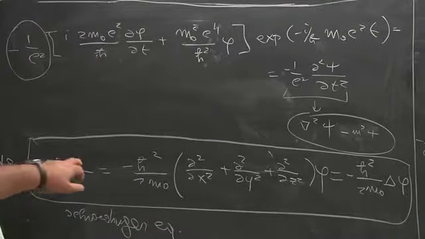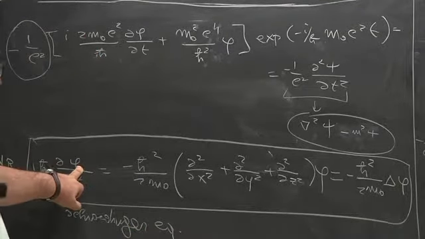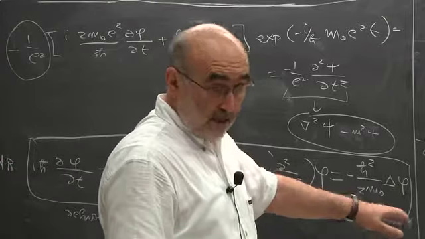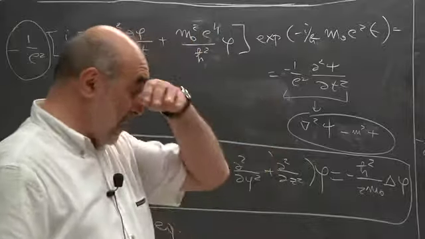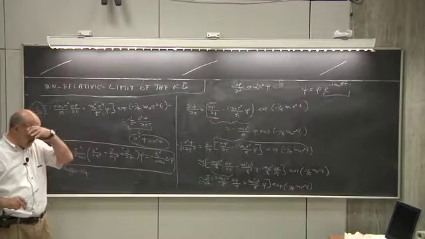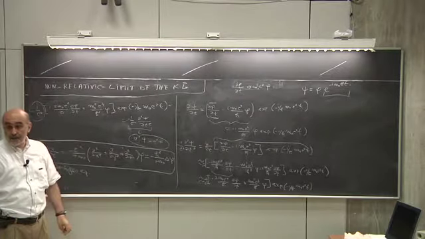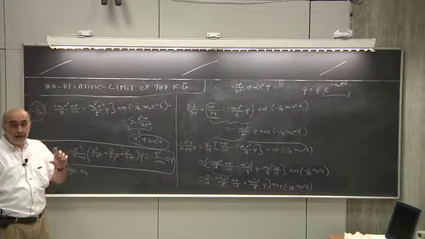This one, does it describe a particle with which feature? It is a particle with mass m0 and spin 0. You remember that if you want to describe in the non-relativistic limit a spin 1/2 particle, you need the Pauli equation. You have done the Pauli equation, I imagine, in quantum mechanics.